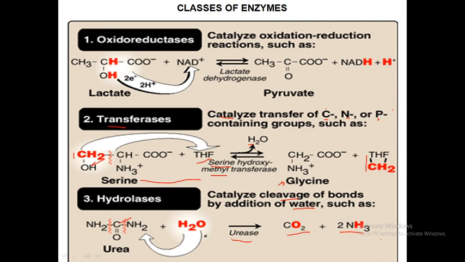Carboxypeptidase acts on the carboxyl terminal of the protein molecule. The protein molecule has two ends, you should understand this. One is the amino terminal where the amino group lies, and the other is the carboxyl terminal.